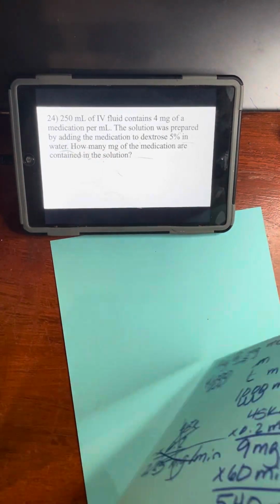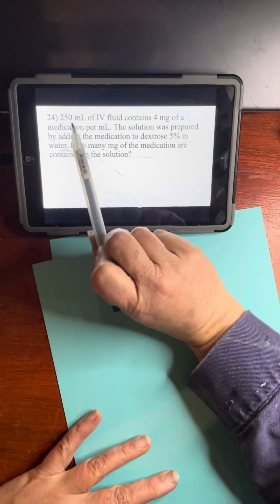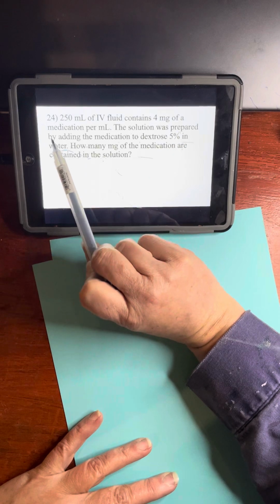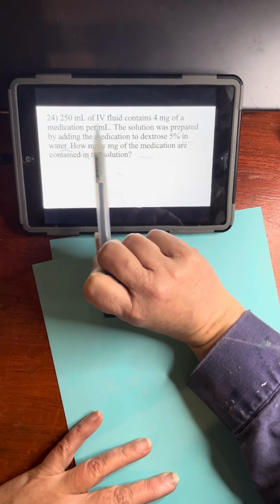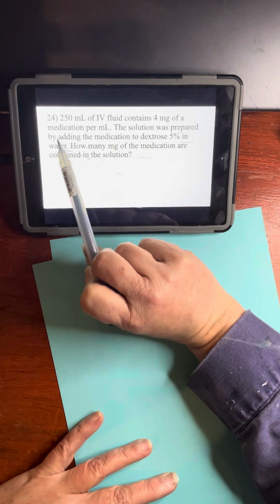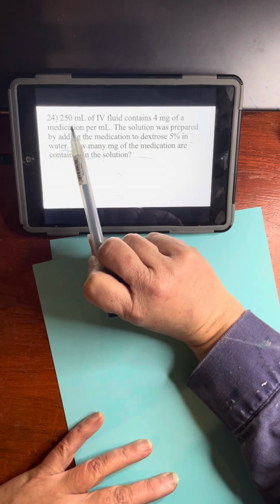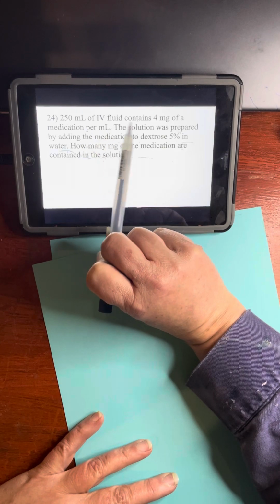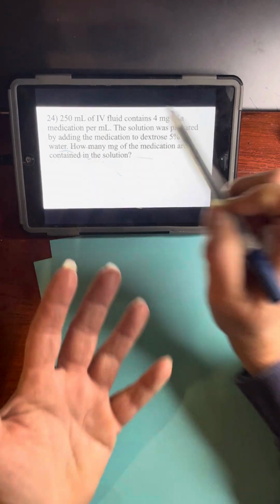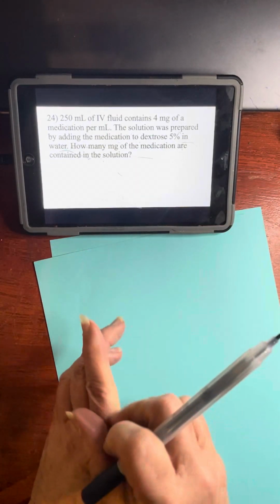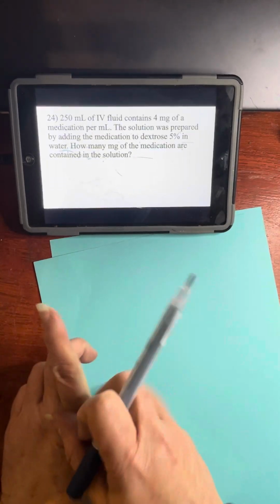So 250 milliliters of IV fluid contains 4 milligrams of a medication per milliliter. Look, just because it said it first, it's not the dose ordered. This tells you you've got an IV bag with 250 milliliters, and it's got 4 milligrams. That's your dose on hand. Sometimes when they put it backwards than you're used to, folks will freak out.